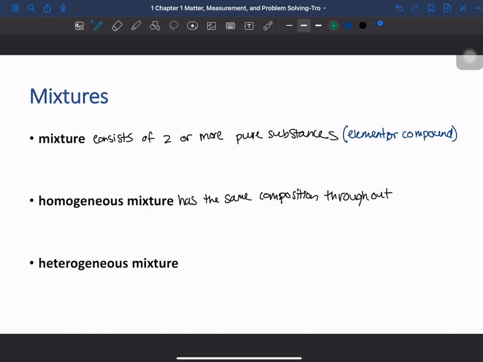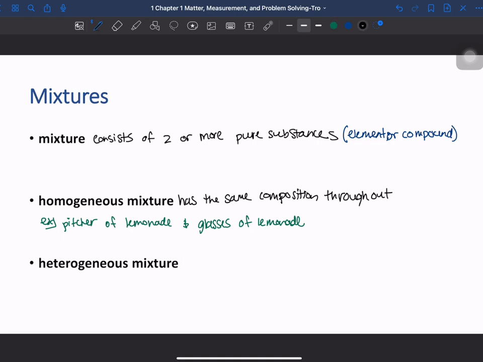An example of that might be a pitcher of lemonade and glasses of lemonade. Each one of those glasses of lemonade will have the same composition as what is in the pitcher.